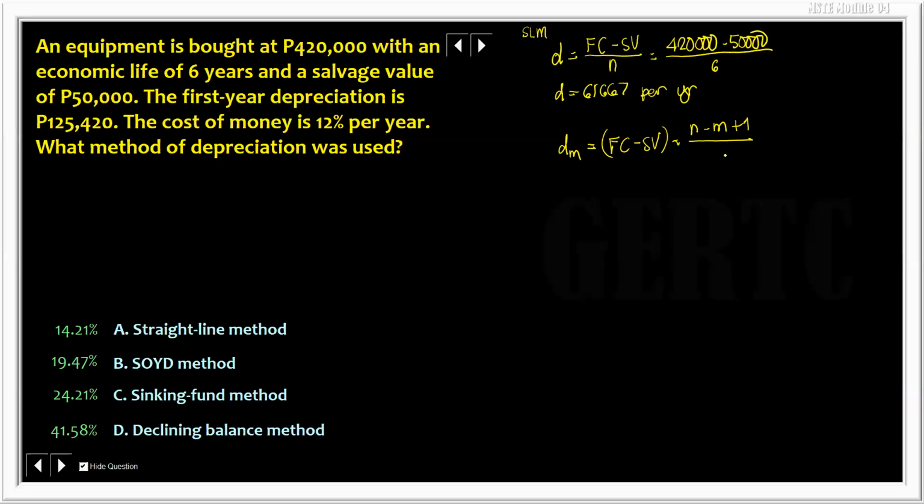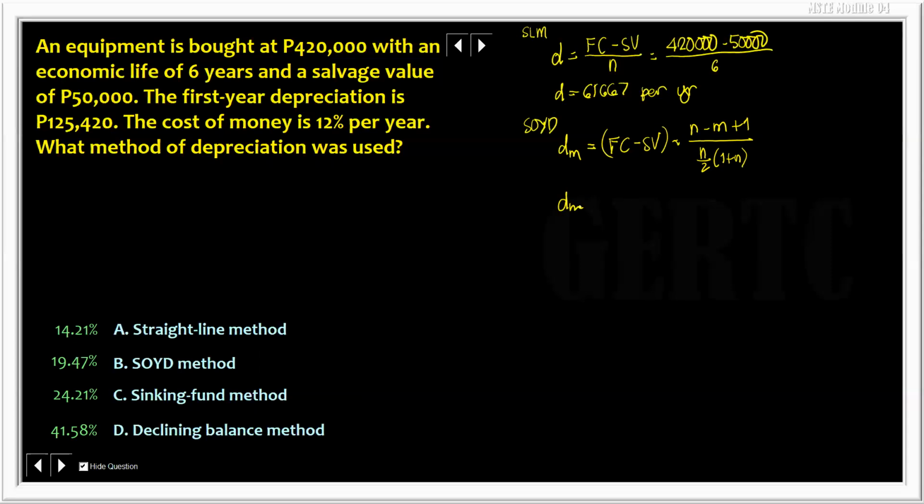It means we add from 1 up to the economic life: 1 plus 2 plus 3 plus 4 plus 5 plus 6, or using the arithmetic sequence formula, N over 2 times 1 plus N. Again, this is for sum of the year's digit.